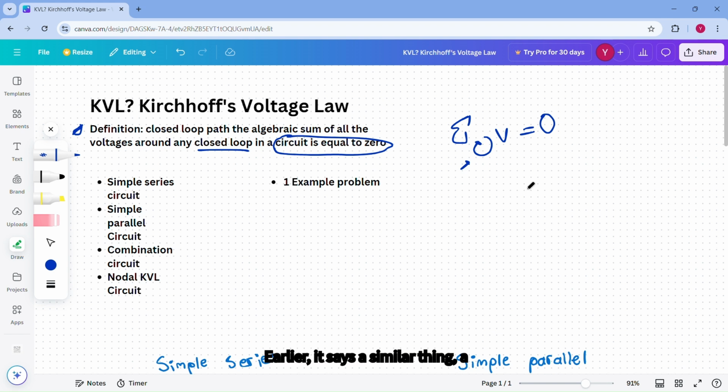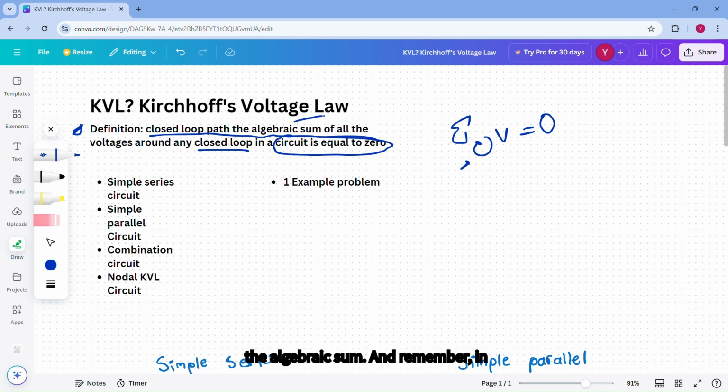Earlier, it says a similar thing, a closed loop path, that the algebraic sum of all the voltages, okay? So we're slowly breaking down this definition. So right now, all we have is all the voltages in a closed loop will equal 0, okay? So algebraic sum is telling me I'm not just adding 2 and 4 and 6 and 8 and 10 or whatever.